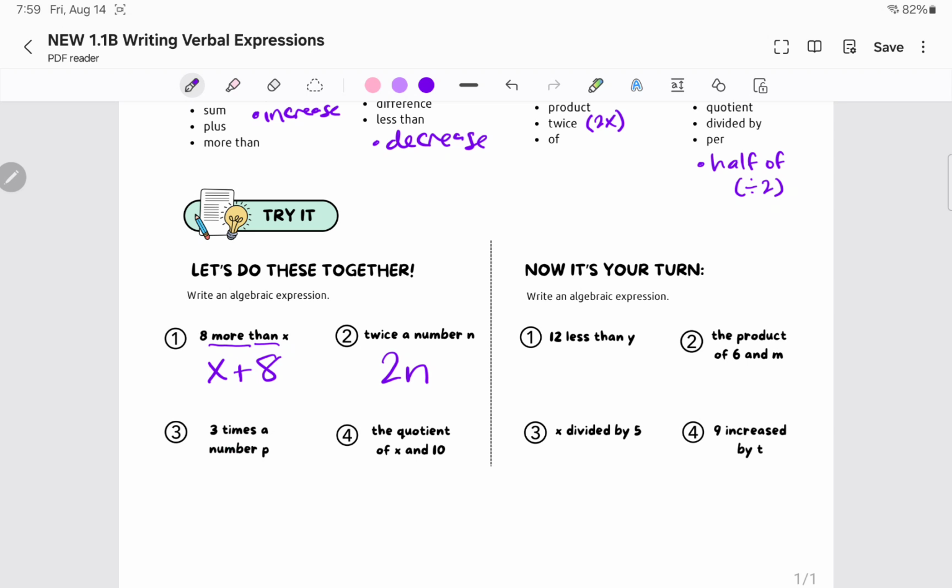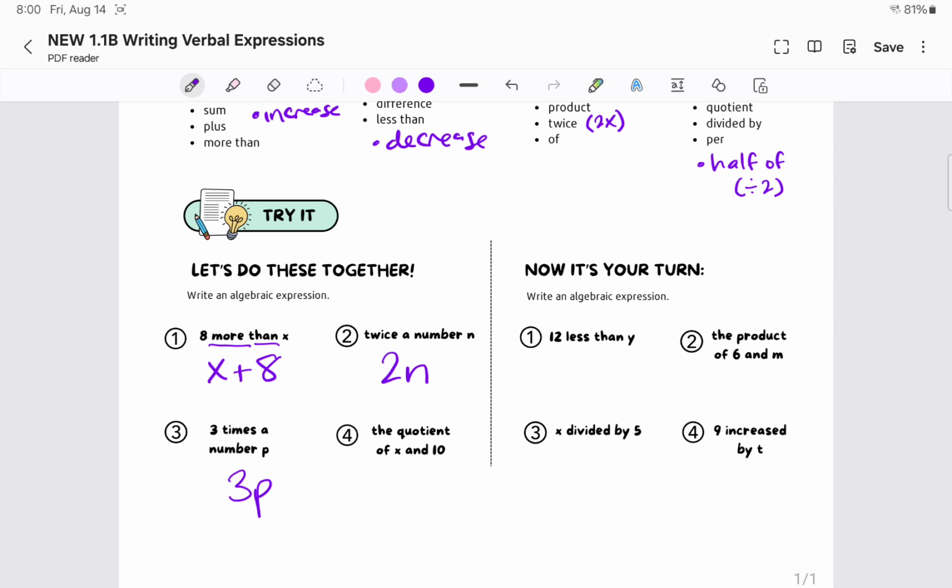I know that in elementary school or middle school, we use the x, but now that we're in algebra and the x can stand for a variable, we're not going to use the x. Or sometimes we even use a dot, or we use parentheses to indicate multiply. But whenever I have a number multiplied by a variable, I just stick them together. So it's going to be 3p. 3 times the number p is simply 3p.